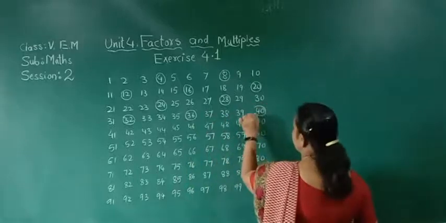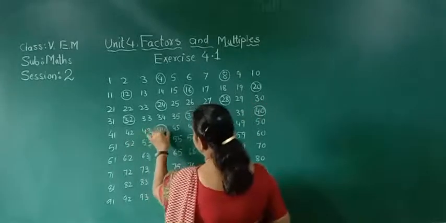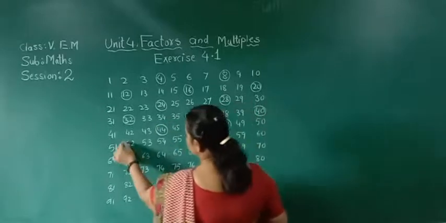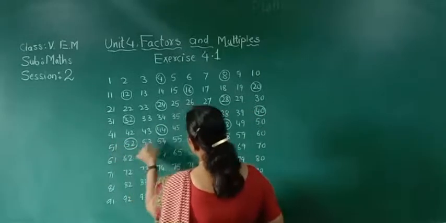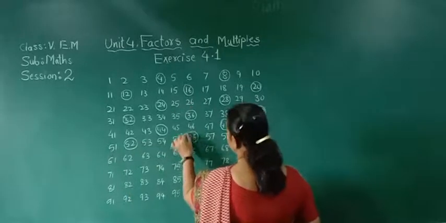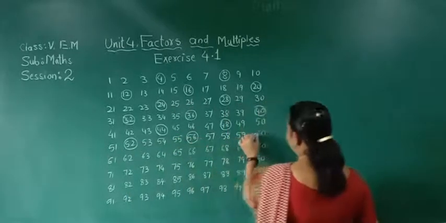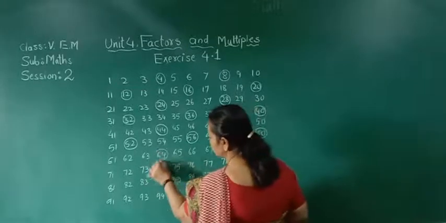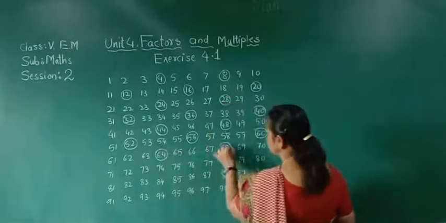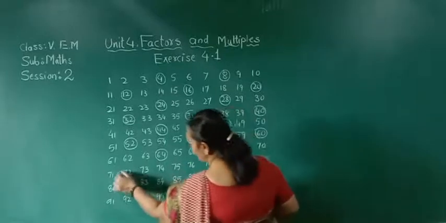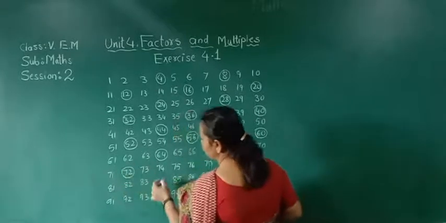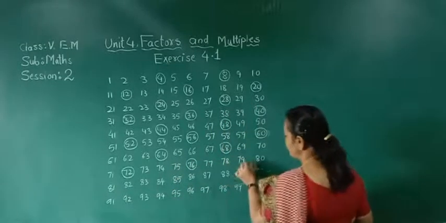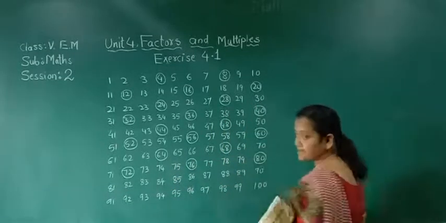are 40, then 11 4s are 44, 12 4s are 48, 13 4s are 52, 14 4s are 56, then 15 4s are 60, 16 4s are 64, 17 4s are 68, 18 4s are 72, 19 4s are 76 and 20 4s are 80.